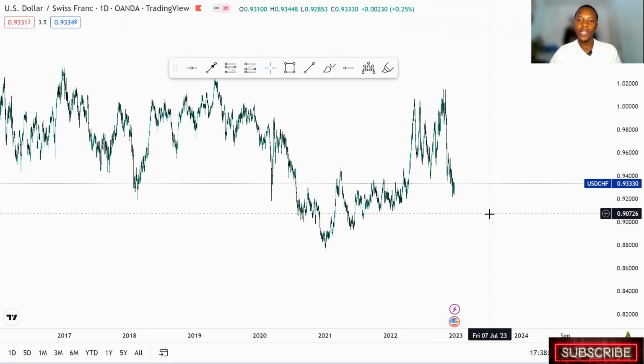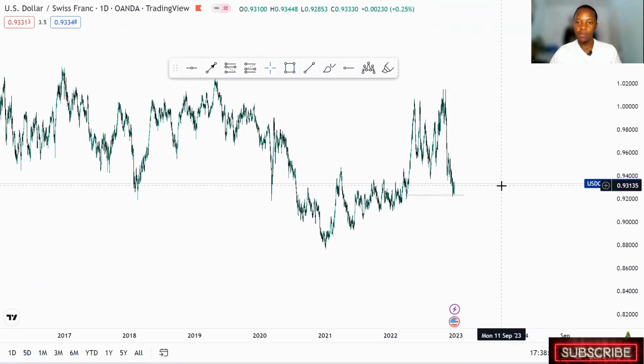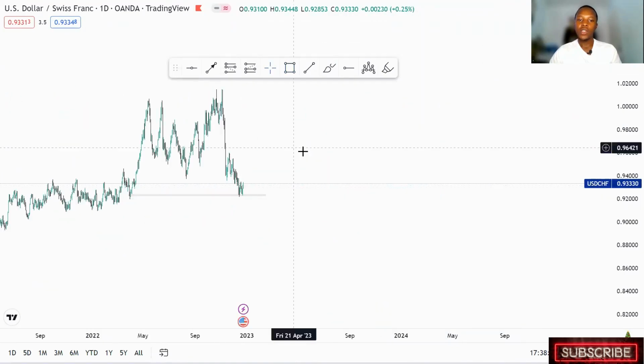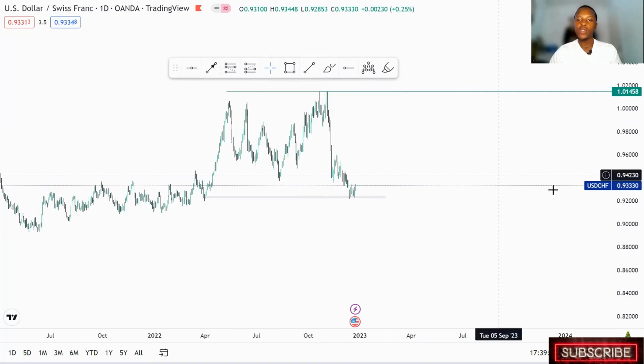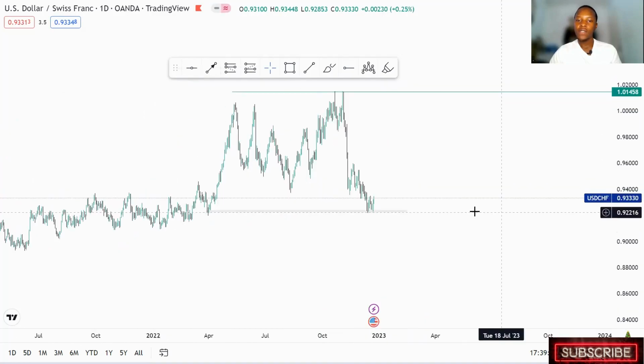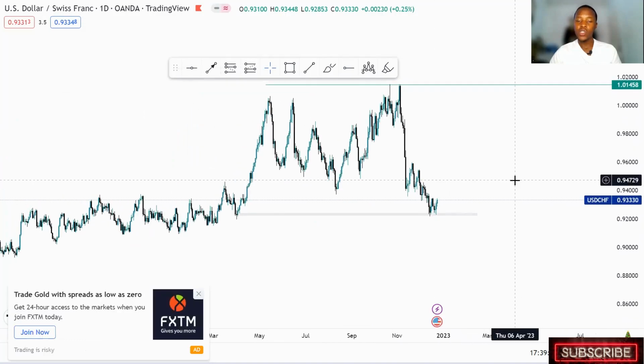So what I see over here, we're just not going to draw too many things. I can see that we have this main support level, or level that plays as a support, and then you can also see that the market movement towards that level is corrective, right? So we know that most of the time when we have something like this, the market tends to reverse, right?